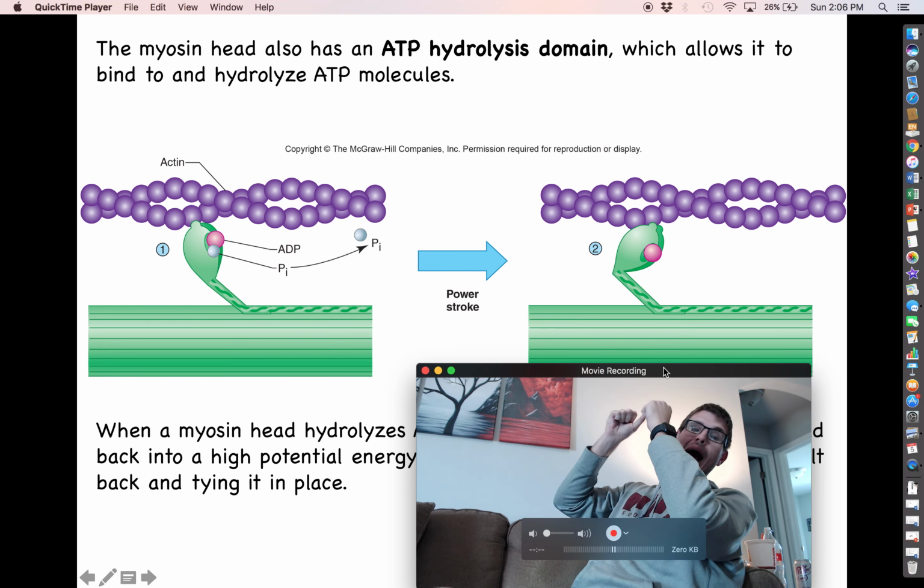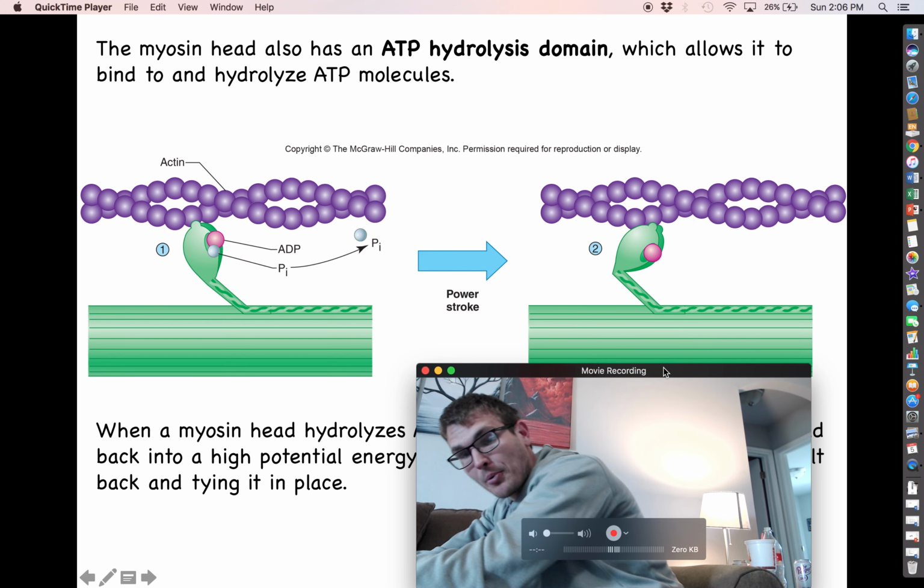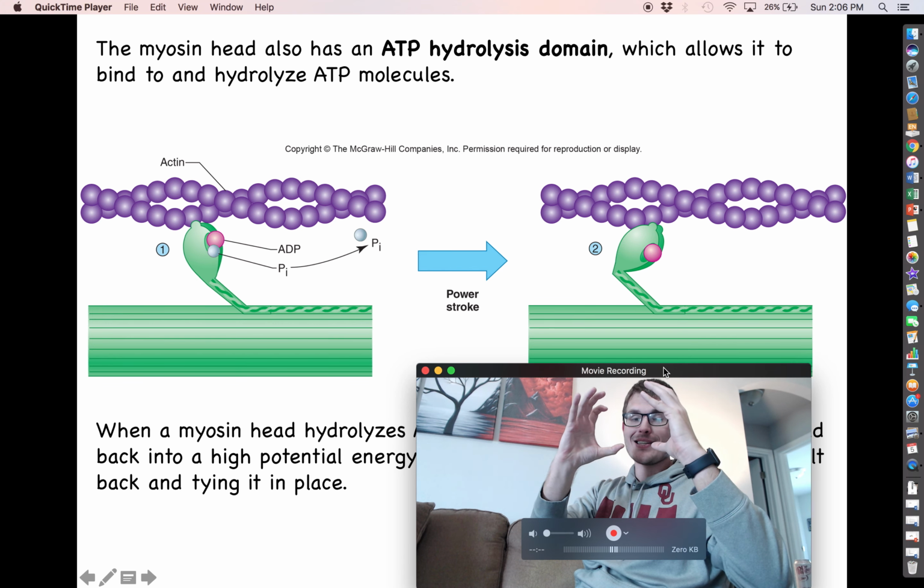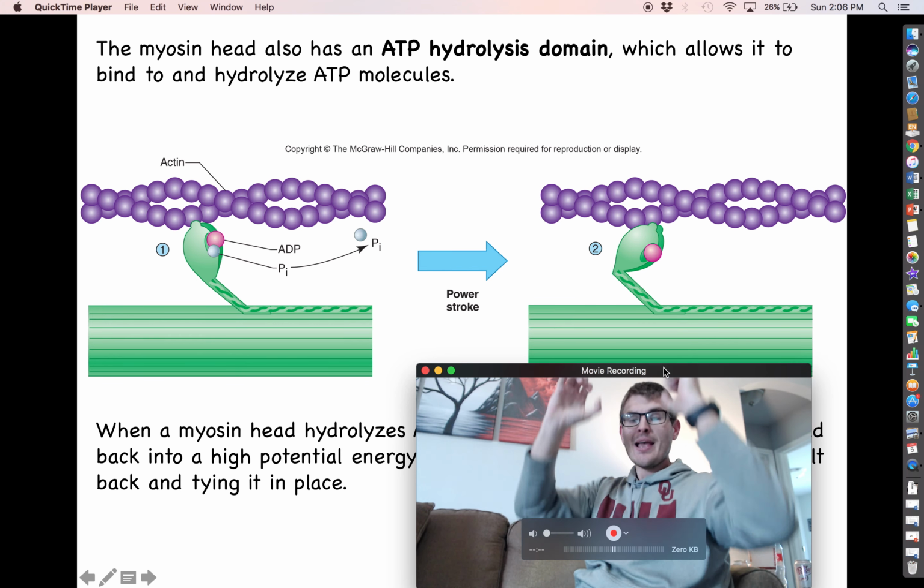It basically leans itself back, and then it's going to spring forward once it grabs onto that actin, and that will provide the energy of forcing the thick and the thin filaments together. They're going to slide in opposite directions, so we force them together.